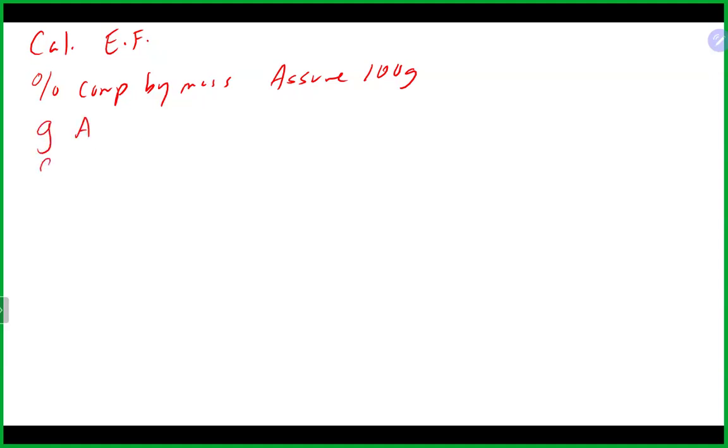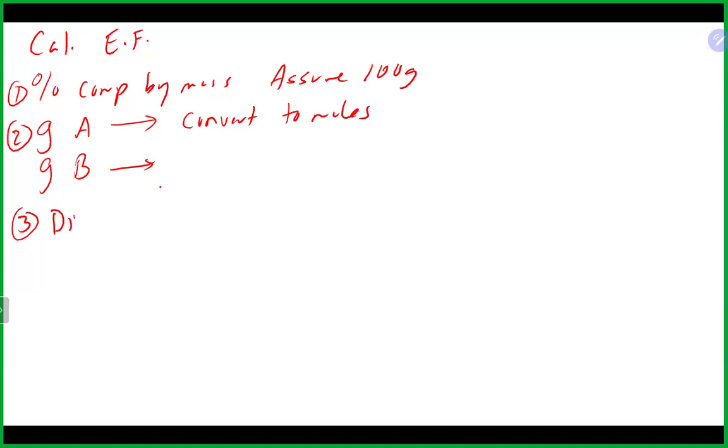You have the grams of A and the grams of B. What you would then want to do is convert using the molar mass to moles. So percent composition to grams, grams to moles. Once you do that, you want to divide by the smallest number of moles.